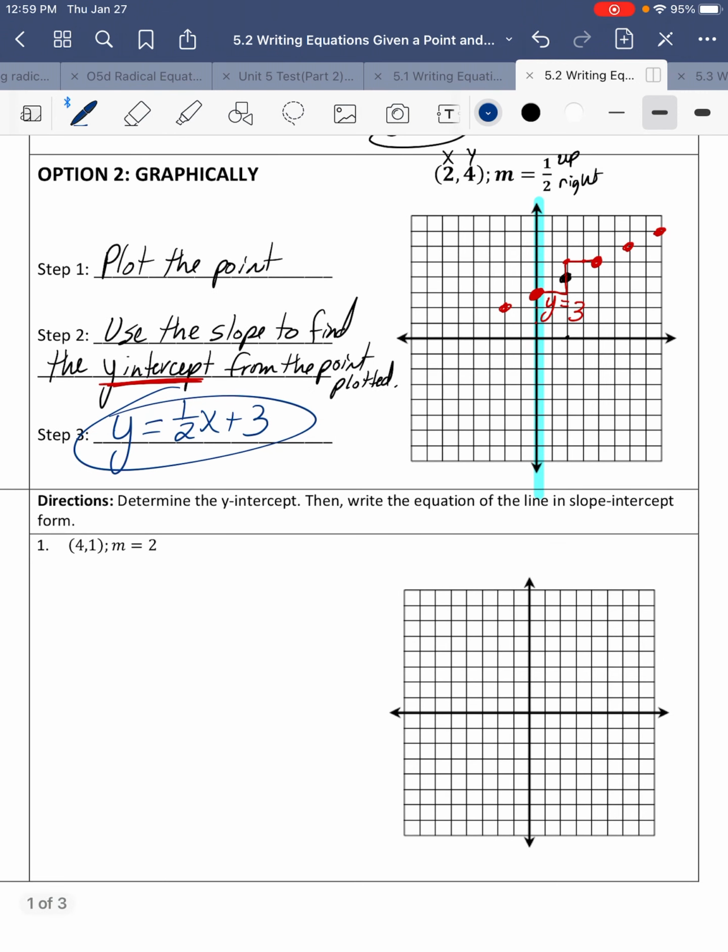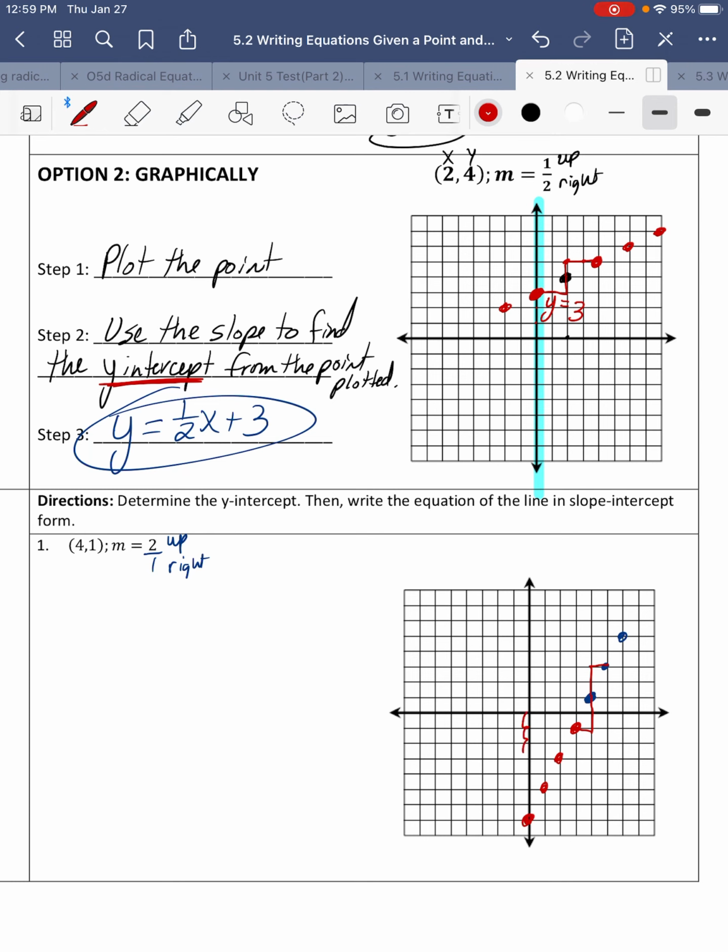Okay, next one. So number 1, plot your point, 4 to the right, 1 up. Our slope is 2. We've got to represent it as a fraction, so you're going to go up 2 and right 1. The problem is it's getting away from the y-intercept. So instead of going up 2, right 1, we can go down 2, left 1, down 2, left 1, down 2, left 1.